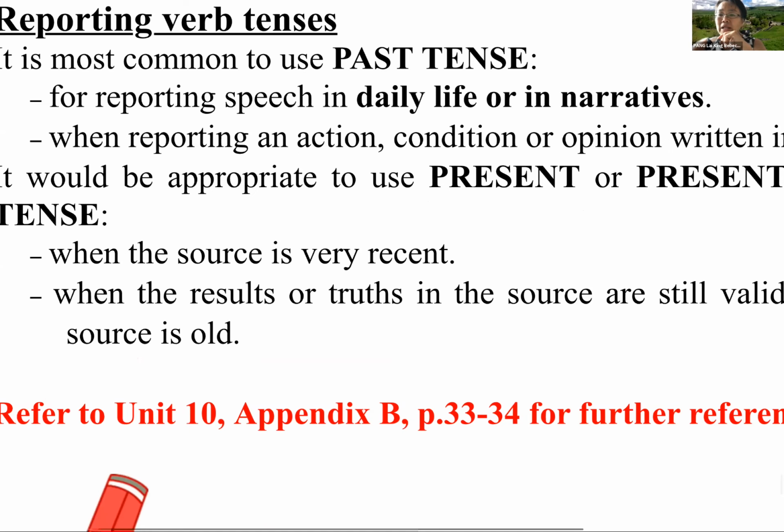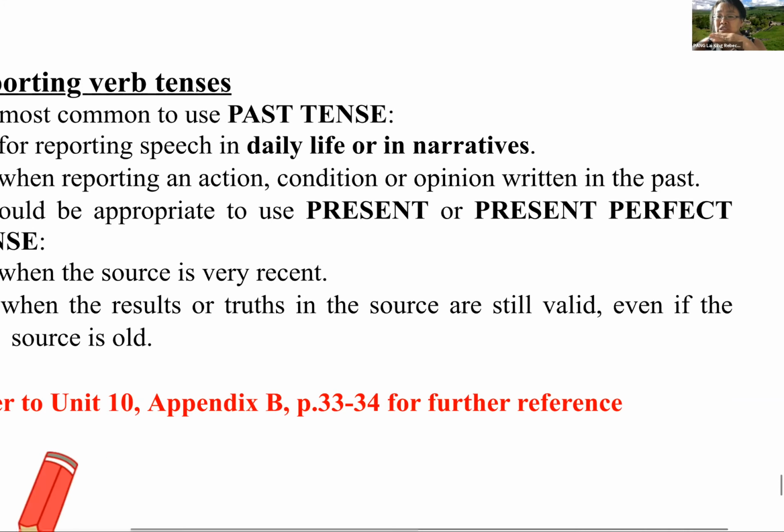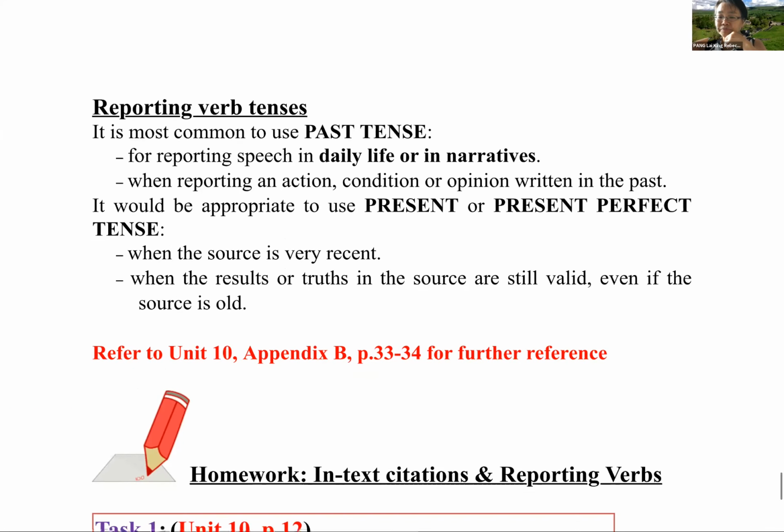That is when the material is pretty current, for example you pick up an article from 2020, this year, so you can use present tense. Or the theories you quoted are pretty solid, some kind of theory or truth, and still valid, then you can use present tense or present perfect, all right?